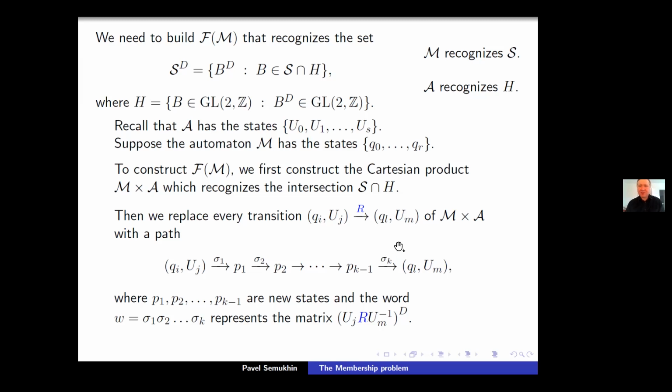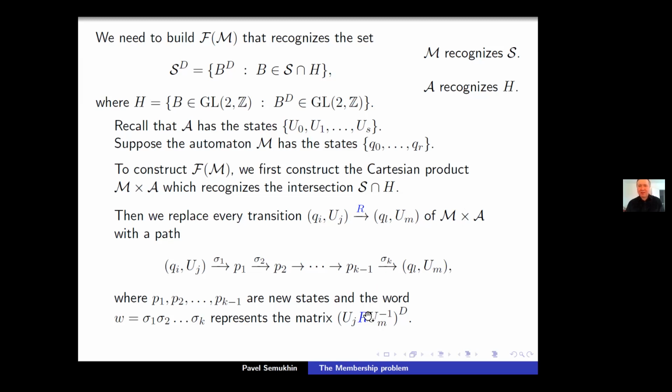So let's take some transition from this automaton with label R, and suppose it connects two states. One of them is Qi uj, and the second state is Ql um.